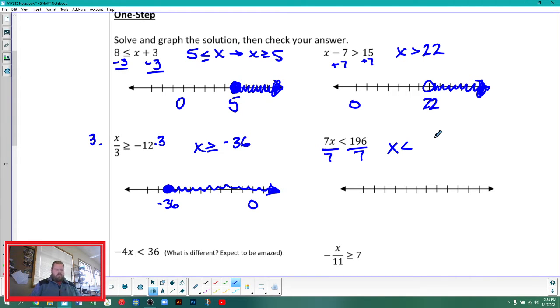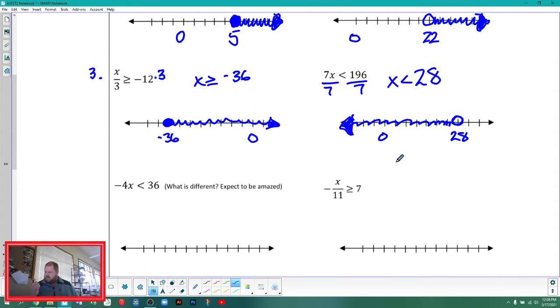I had a calculator on my computer, but wasn't thinking straight. So for this one, we need where 0 is and where 28 is. I'm not too picky about the scale. That's going to be an open circle because there is no or equal to, and then shaded to the left. That's where the smaller numbers live, out here to the left.